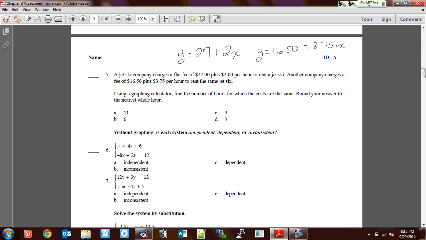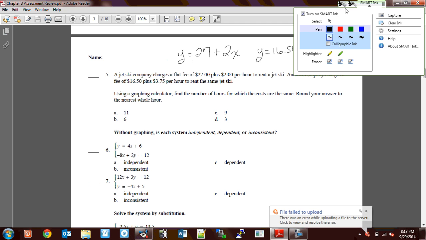So there's our 2 equations. y equals 27 plus 2x. And the second one, the second company charges a flat fee of $16.50 plus $3.75 per hour, so 16.50 plus 3.75x.